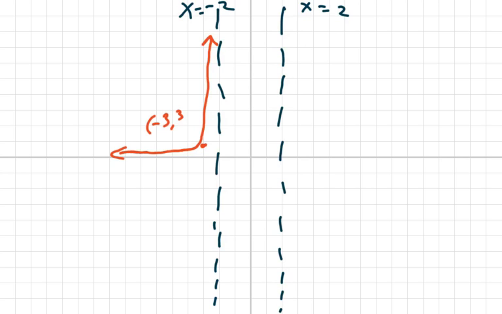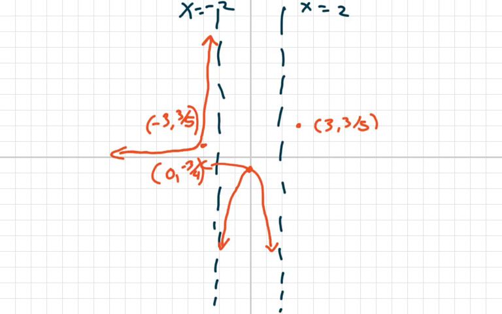Negative 3, comma 3/5. We had a y-intercept at 0, comma negative 3/4. This one goes like this. That was 0, comma negative 3/4. And we know it's symmetric to the y-axis, so this point right here is 3, comma 3/5.